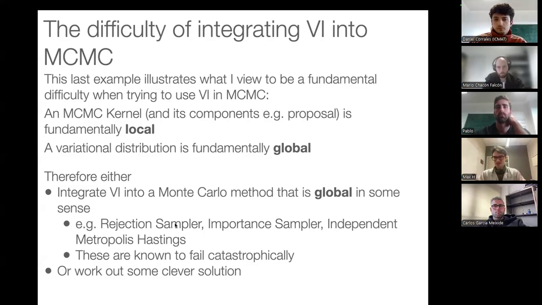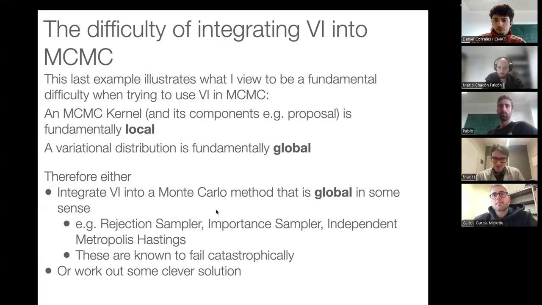And so rejection sampling is kind of global, right? Or an importance sampler, which is effectively the same thing, or the independence Metropolis-Hastings sampler. So in each one of these cases, they do in fact have a sense of attempting to capture the target in a global way.